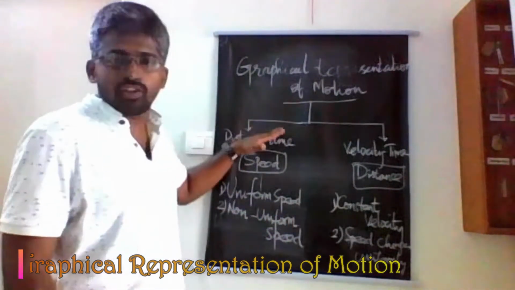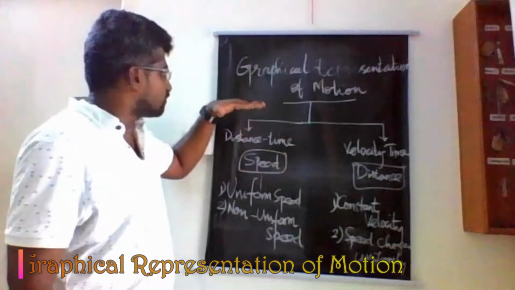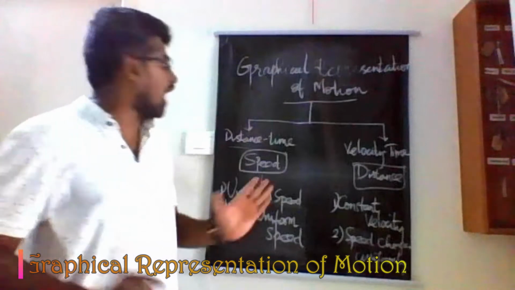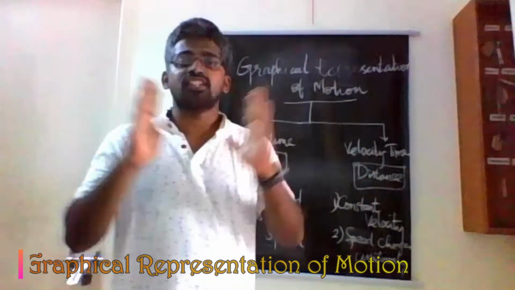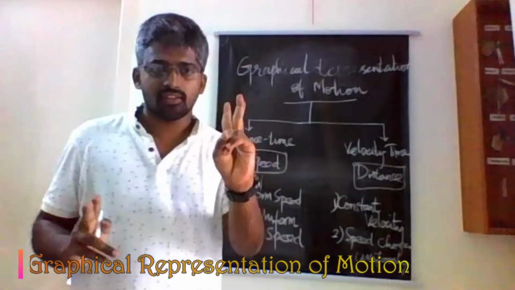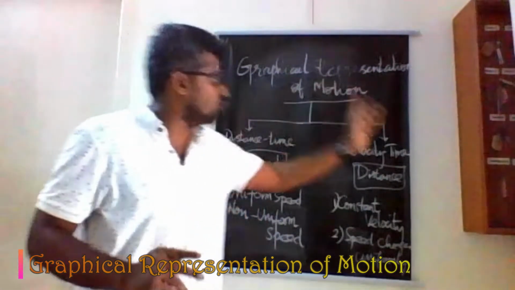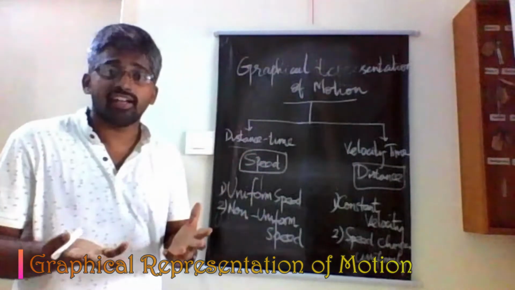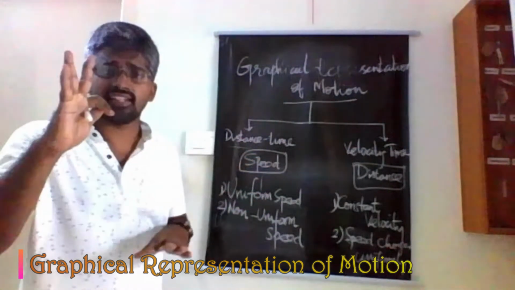The first part is the distance time graph, and the second part is the velocity time graph. There are two graphs: distance time graph and velocity time graph. In the distance time graph, what are we going to find? We are going to find speed. There are only three things.